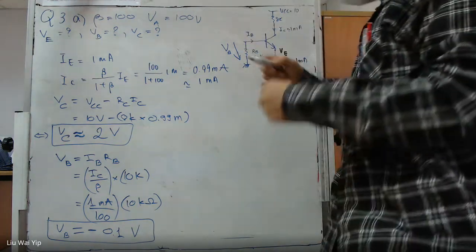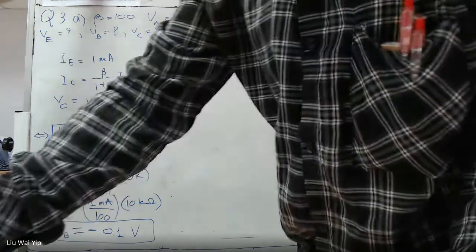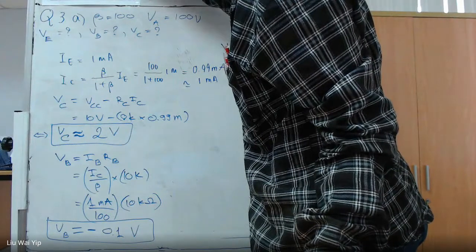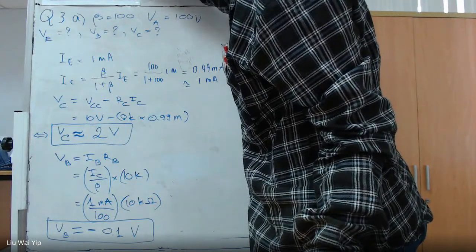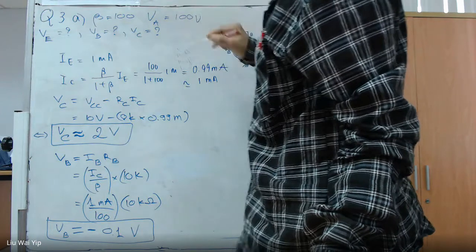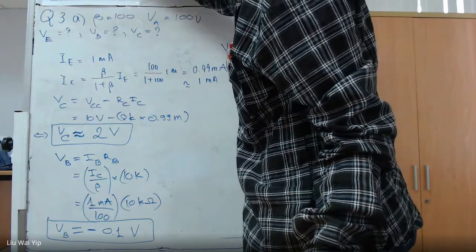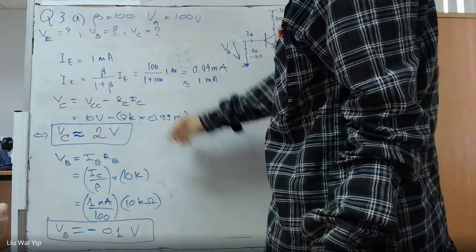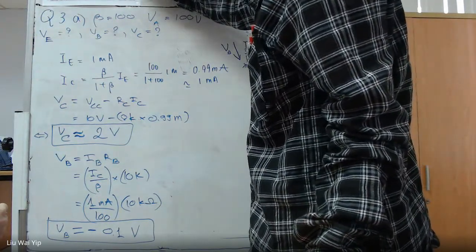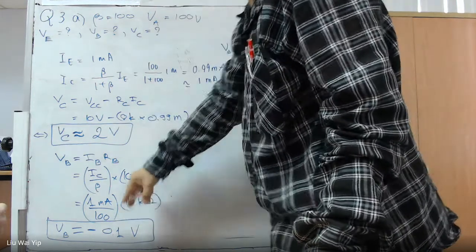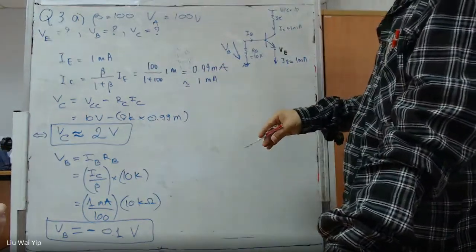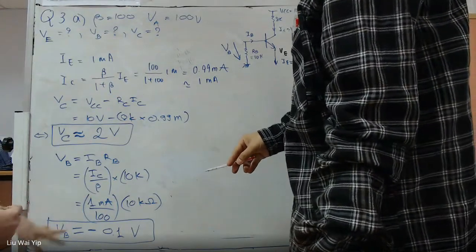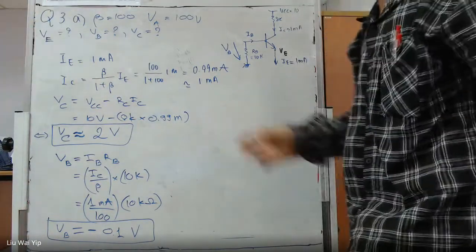No. You don't need to look that far. You forget about the current source. We just look at here. And what is the value for the VBE? 0.7. And VB, you have already calculated VB. So can you calculate VE based on the value of VB? VB minus 0.7. Correct.